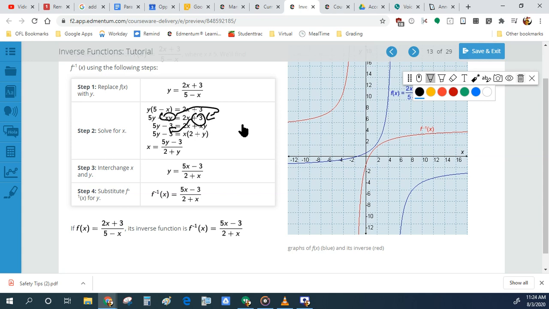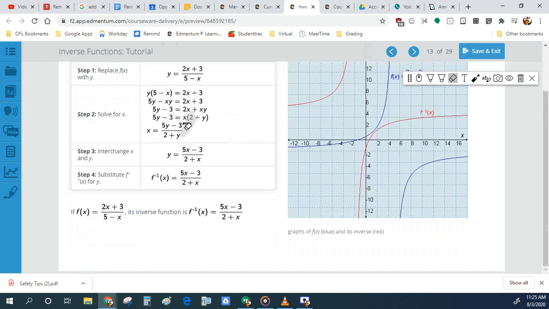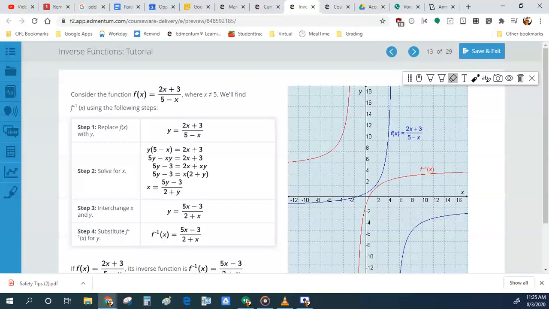And in order to only get one x, they're going to factor out that x. They're going to take the x out right there. That way, now you only have one x, and you can divide it out. Just make sure that when you have a fraction, you're going to have to do some factoring.